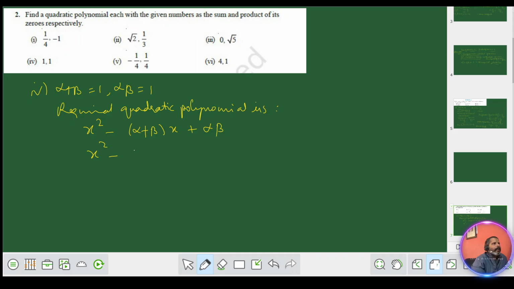Substitute the values. Alpha plus beta is 1, then alpha beta is 1. So if you just rewrite it again, removing the x coefficient as 1, we get x square minus x plus 1. Okay, that is the equation.